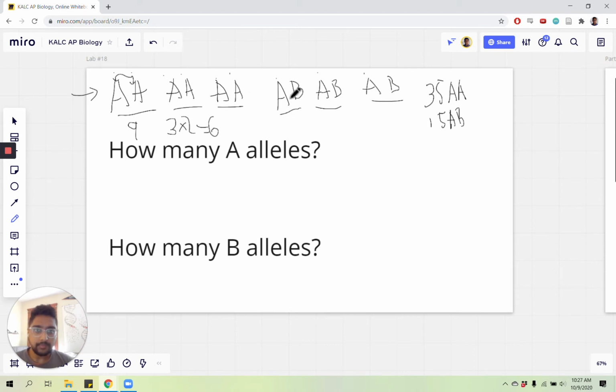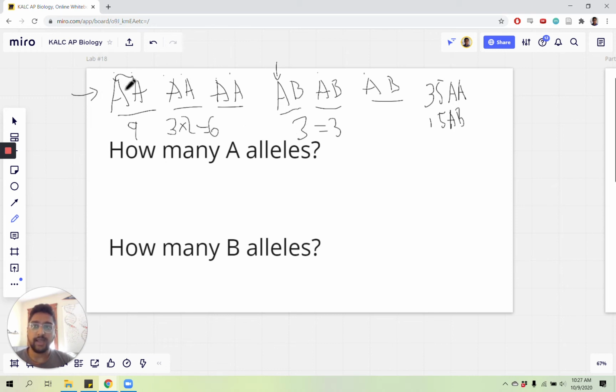Great. But for every individual with AB, they're only generating 1 A allele. And so if we were to add those together, we would get 1, 2, 3. And so if I know there's 3 individuals, we don't need to multiply by anything, we just know that's 3. And to find the total, we could just add 6 and 3 together. We know 6 plus 3 equals 9.